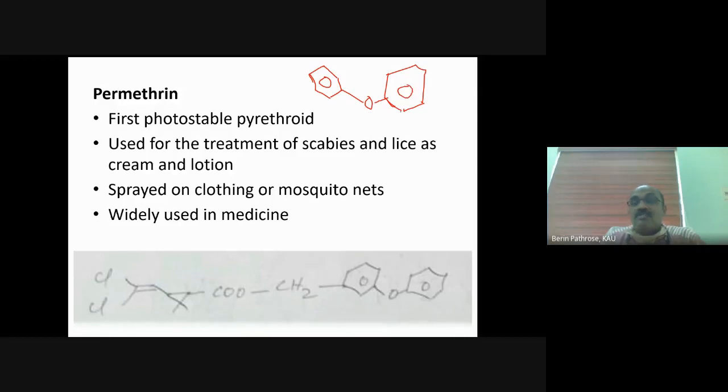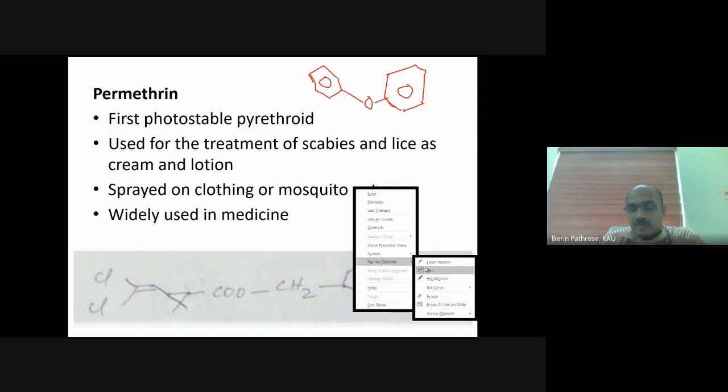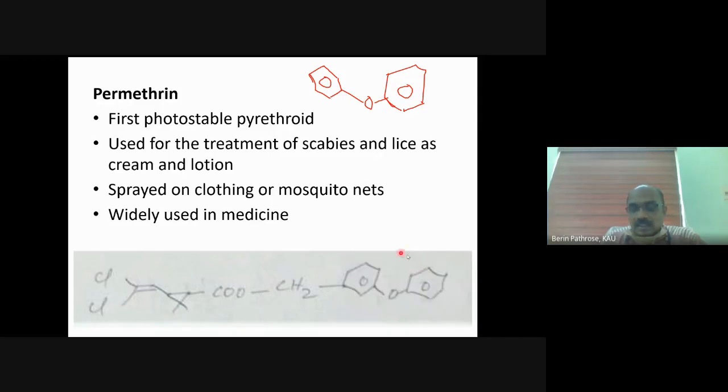This is the phenoxyphenyl ring. See this over here. See, here it is the phenoxyphenyl ring.